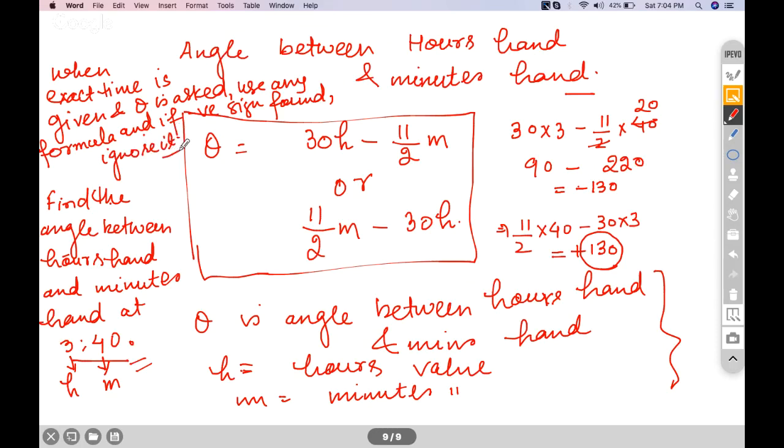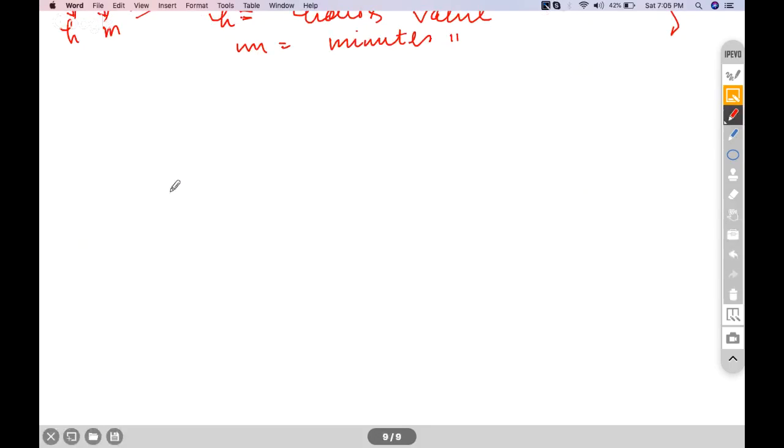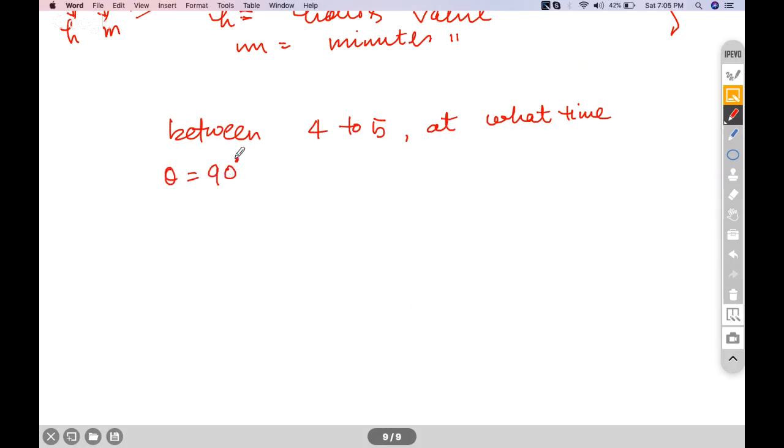Then I'm giving you the second question. What is the second question? Between 4 to 5, at what time would theta be equal to 90 degrees?